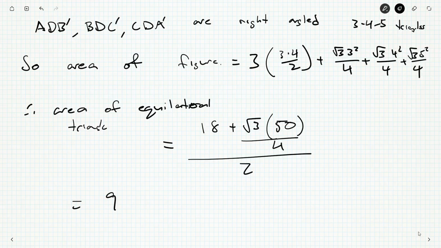And so that will be 9 plus, the 2 and the 50, 25 will cancel, 9 plus 25 root 3 over 4, I guess. Yes? Okay.